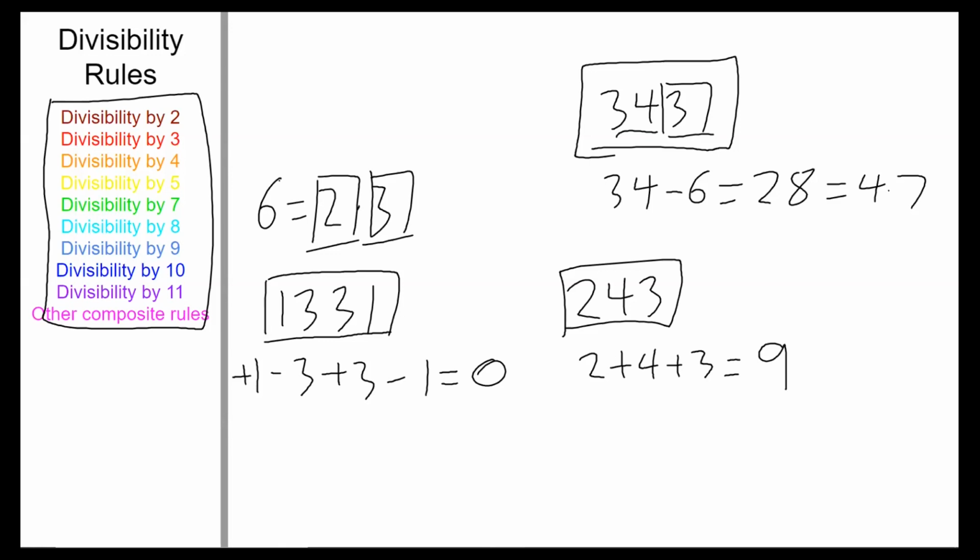So for example, if I had a 6-digit number, A, B, C, D, E, F, then if D, E, F as a number is a multiple of 8, then the original number is a multiple of 8. The reason that a lot of these rules work is because of modular arithmetic. So we'll get to that in a later class, because this class we're just covering divisibility.